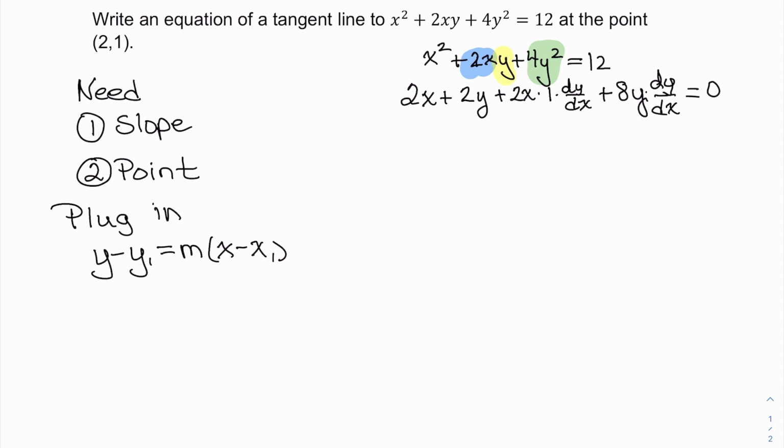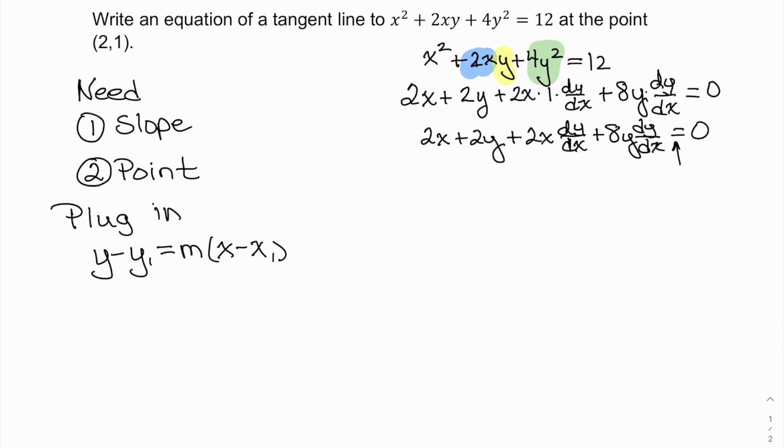Next, we want to solve for dy/dx. I'm going to write this in a friendlier manner by doing whatever multiplications I can. Then we want all the terms with dy/dx on one side of the equal sign.